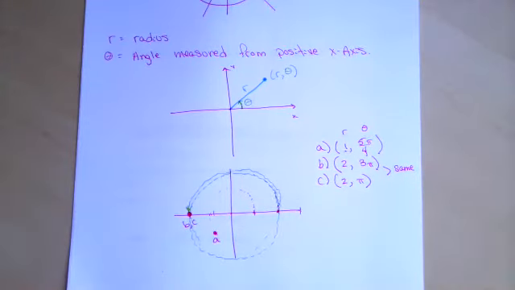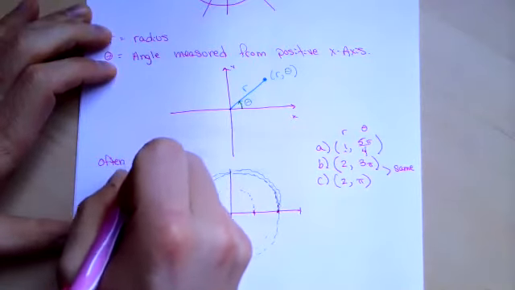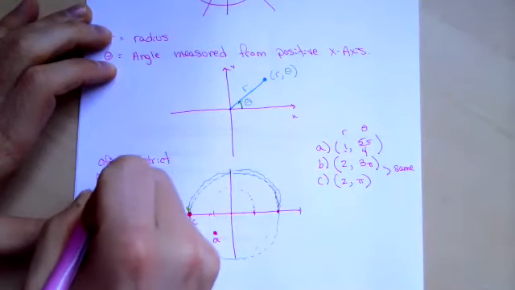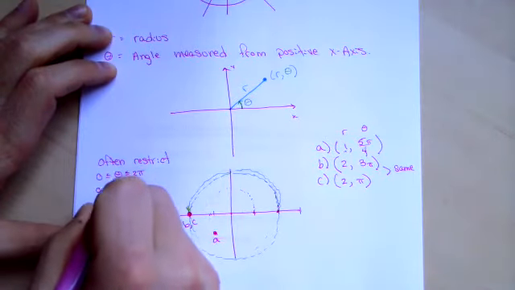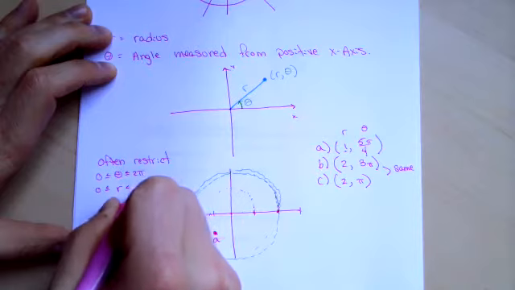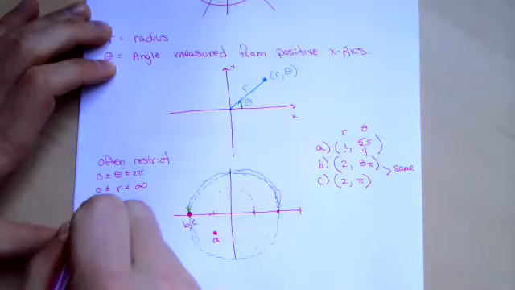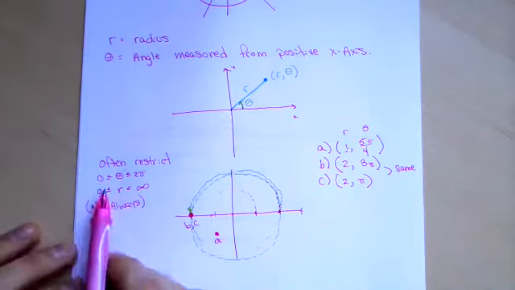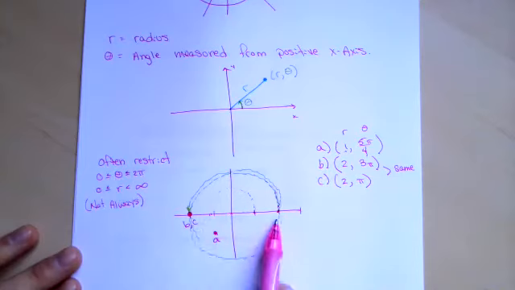So we often restrict our theta between 0 and 2 pi, and we often restrict our radius as positive, 0 to infinity. Not always. But we can at least model every point in the plane with a theta between 0 and 2 pi and a positive radius. Let's see a couple more.